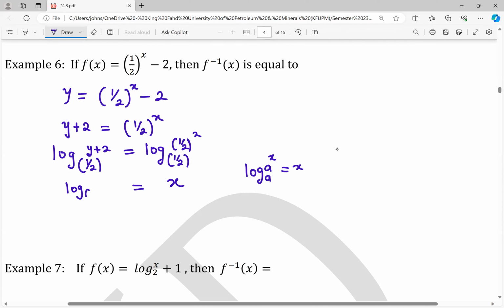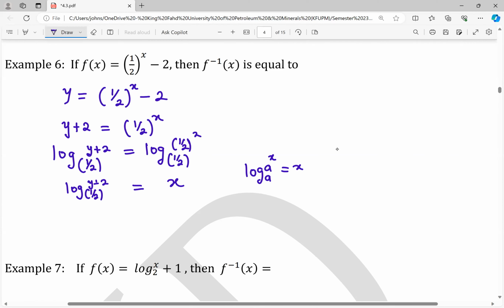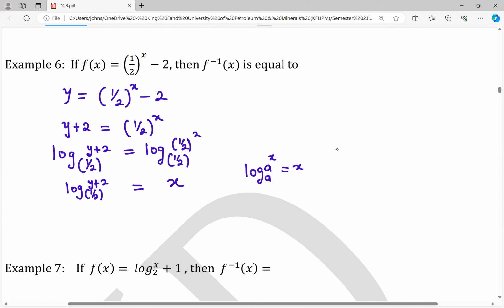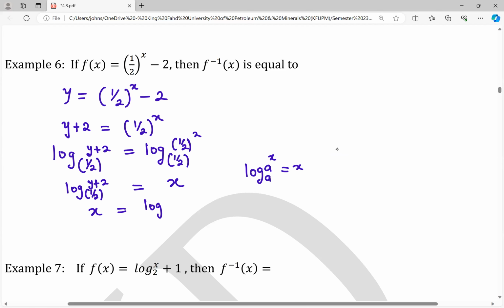So here, it means that x is log to base half of y plus 2, right? Okay, so what is x here? Let me rewrite this. So x is just log to base 1 over 2 of y plus 2.